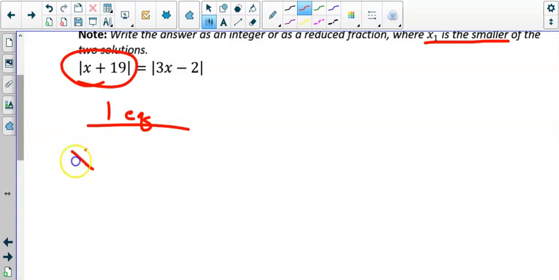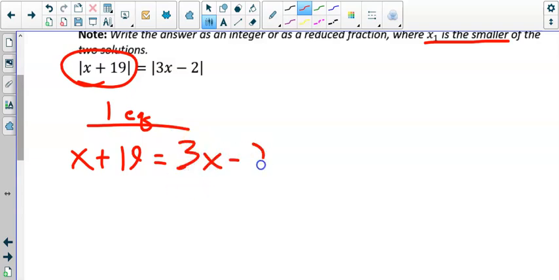X plus 19 equals what? Take a guess, and it's not 0. It is staring at you in the face. 3x minus 2.